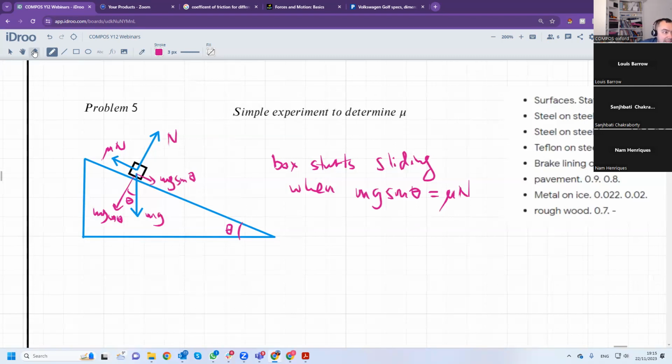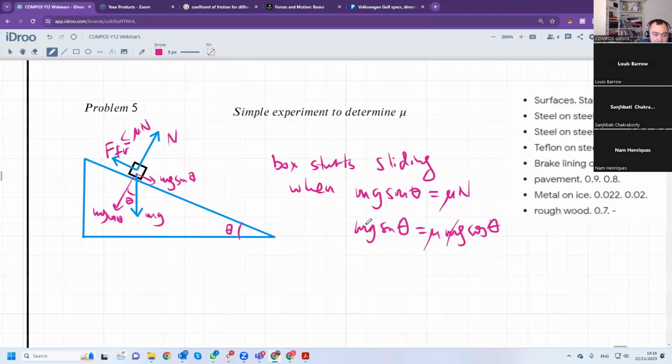Because, well, technically this is the force of friction, and the force of friction is less than or equal to mu n. So when the friction force reaches mu n, then it starts sliding. And we know that n is mg cos theta. So mg sine theta is equal to mu mg cos theta.